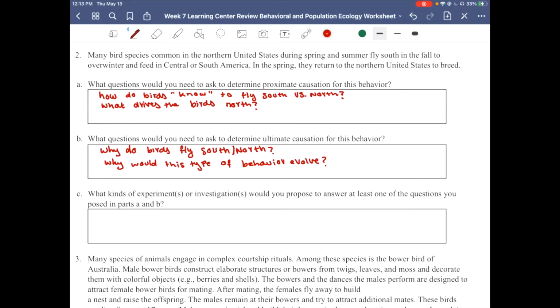So for example, we could put them in chambers with an artificial environment and control the amount of light that they get and see if the amount of light affects whether they fly south or not. But yeah, there could be multiple correct answers for these questions. It just depends on what question you pick.